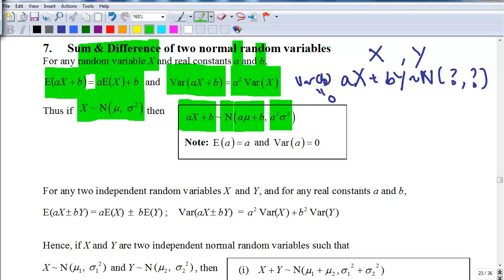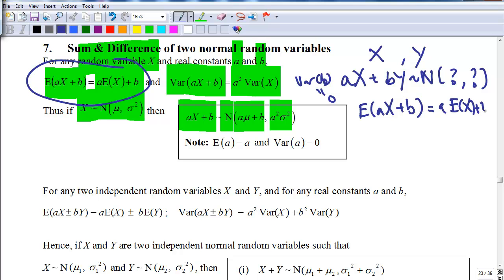Now, let me show you how to get all these values. So first of all, we look at the expectation of aX plus b. Now, from the formula here, you know that this is the same as aE(X) plus b. But what is the expectation of X? Expectation of X is mu. So you get a mu plus b. There you go, a mu plus b. Now the next thing I want to find is the variance.